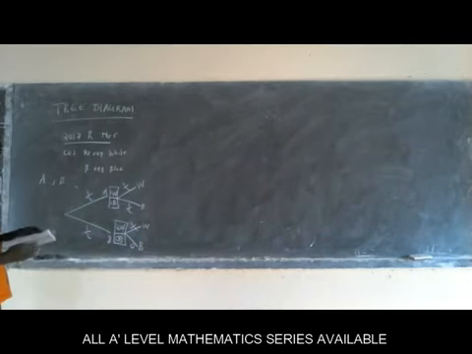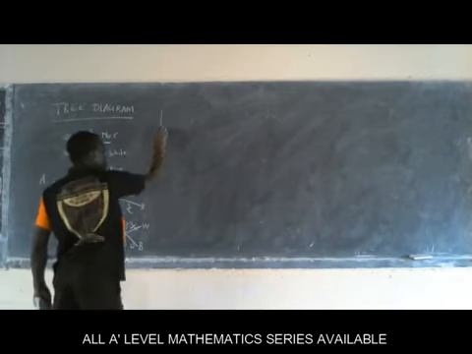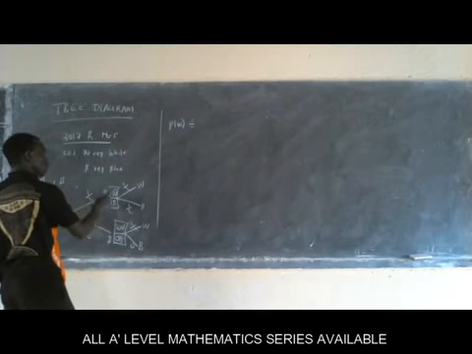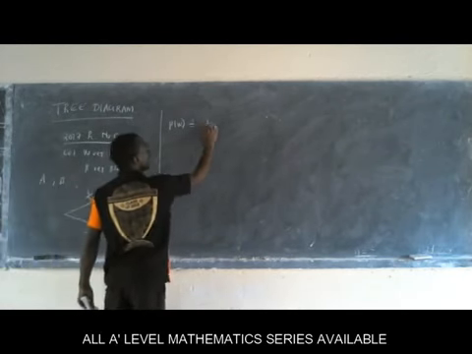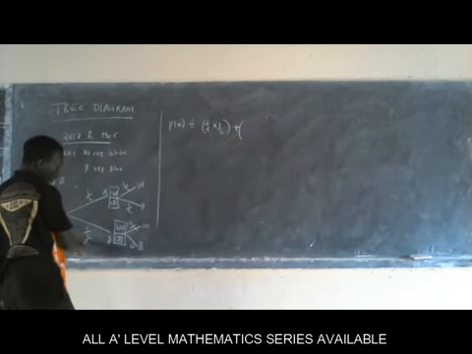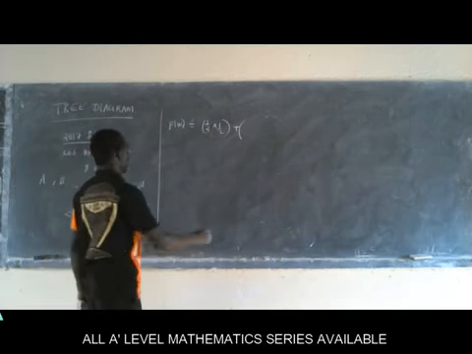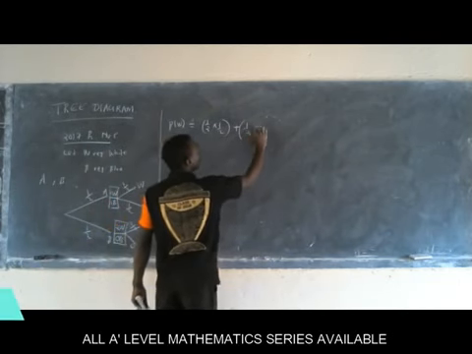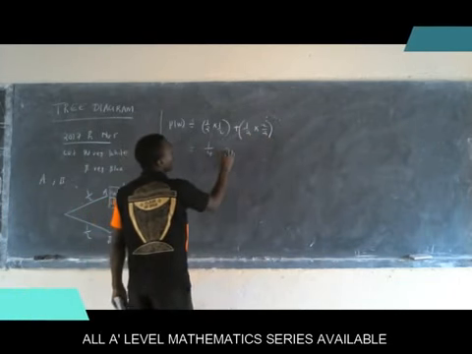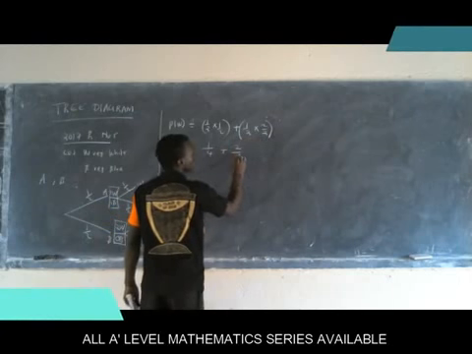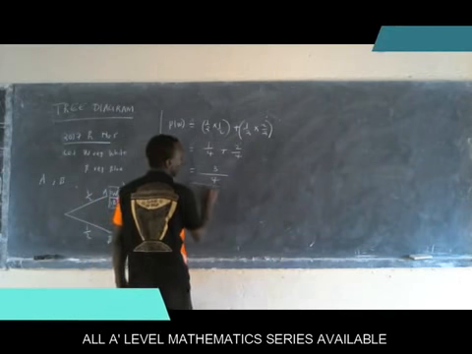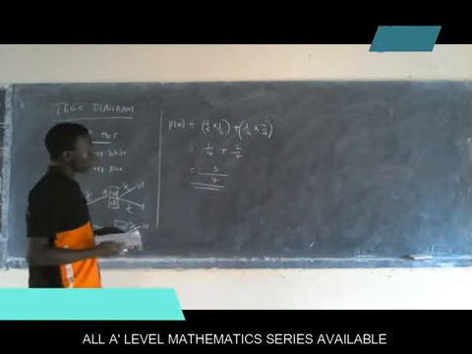The probability of getting a white ball: a white one, it will become this times that, a half times a half, plus a white one, this times that, giving us a half times 2 divided by 2. This will become 1 divided by 4 plus this becomes 2 divided by 4. LCM is 4, this becomes 3. Answer giving us here 3 divided by 4.